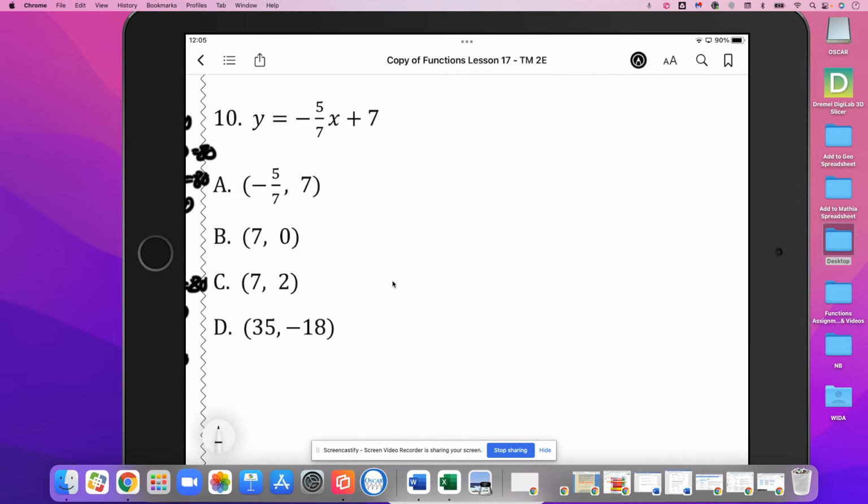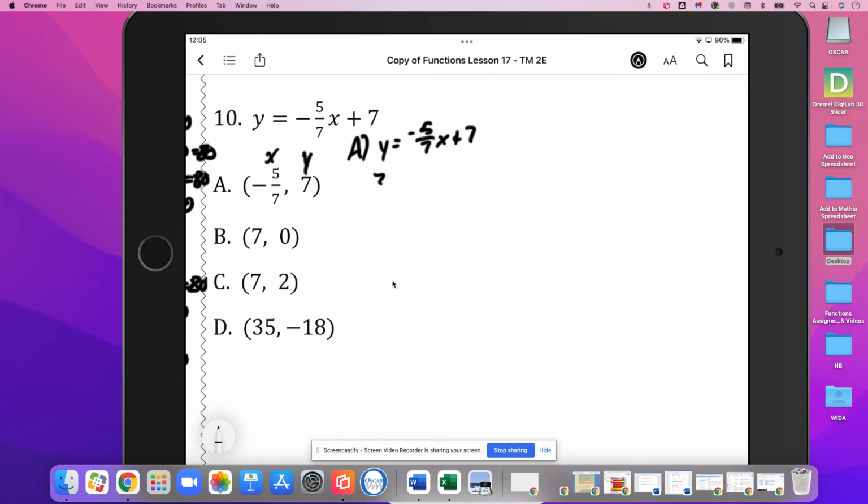Okay, back with 10. We've got y equals negative 5/7 x plus 7. So again, same thing, just testing each one of these to see if they satisfy the function. So y equals negative 5/7 x plus 7. And so our x values again are first, our y values are second.